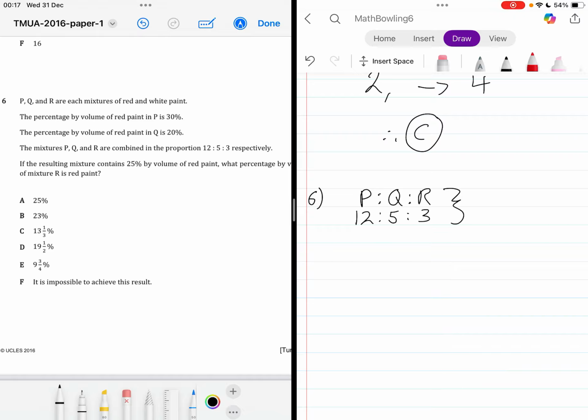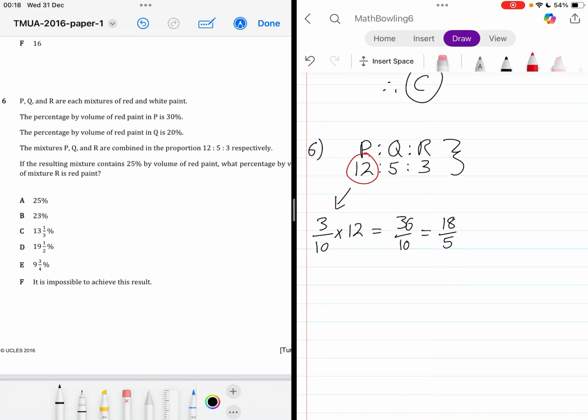So 30% of this is going to be red. So that means we want 3 over 10. I'll work in black for consistency. 3 over 10 times 12, which is going to be 36 over 10, 18 over 5, and that doesn't simplify anymore.